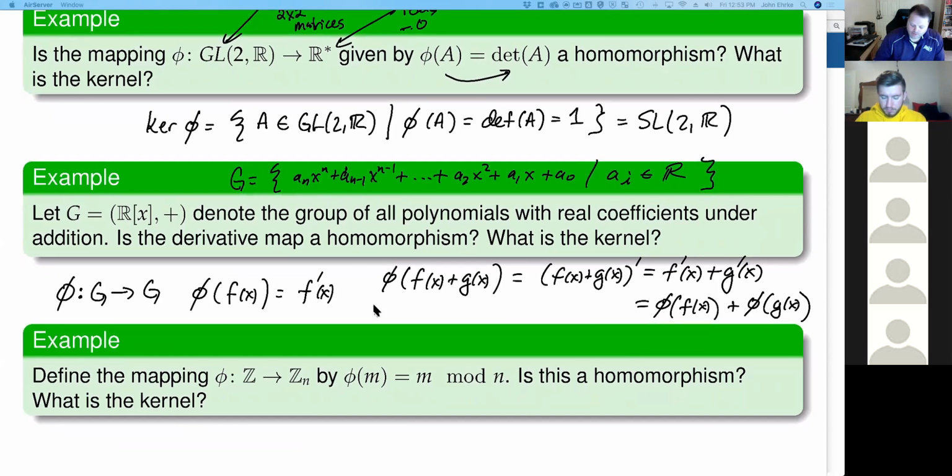Constants, right? So the kernel here is the set of all constant polynomials. So the kernel of the derivative map on the set of polynomials is the set of constant polynomials, because they would all get mapped to 0.